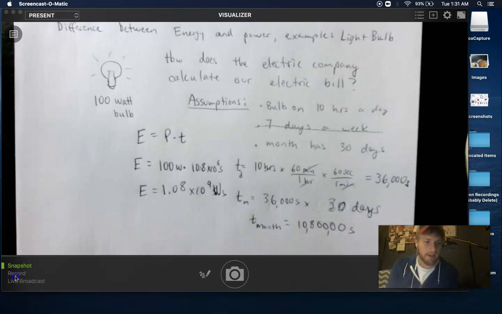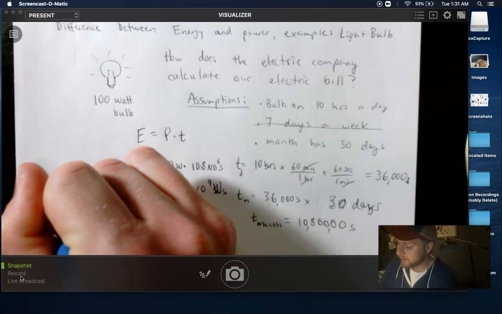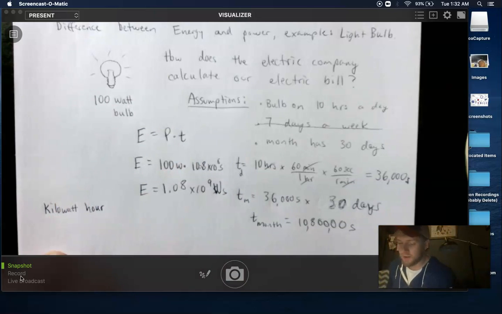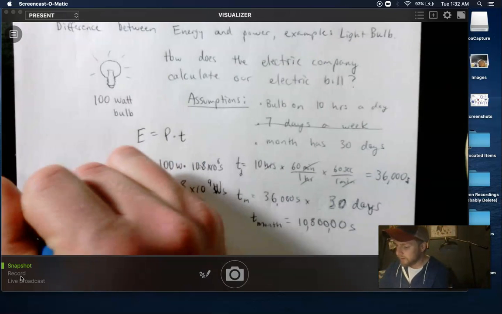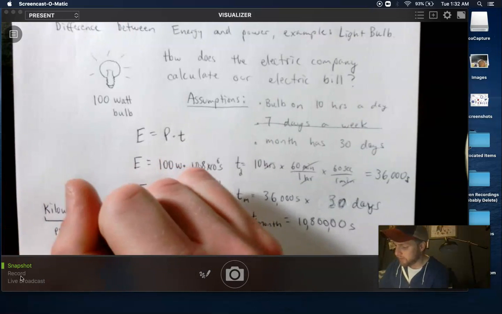Now, the electric company, in fact, does not bill you in watt seconds. They use kind of a weird contrived unit, which is the kilowatt hour. Now you can see in this that you've got a unit for power and you've got a unit for time.